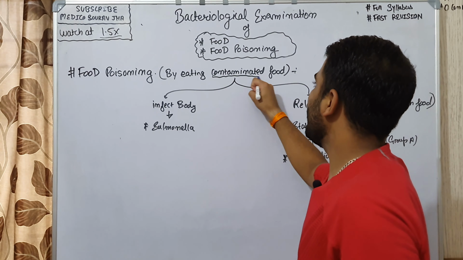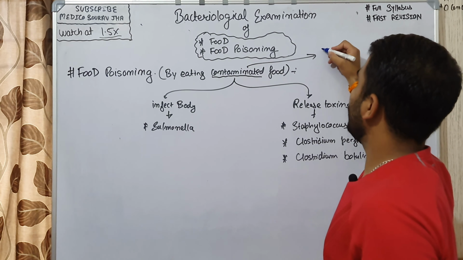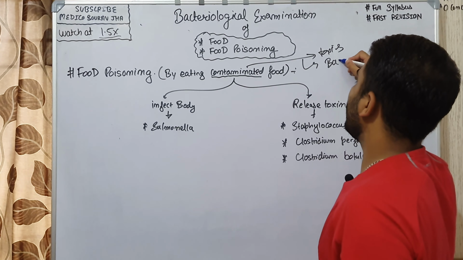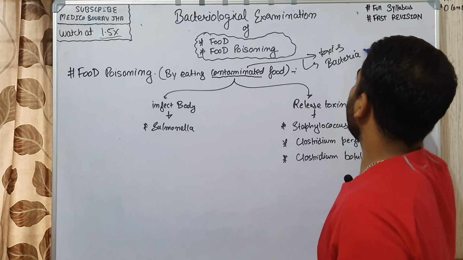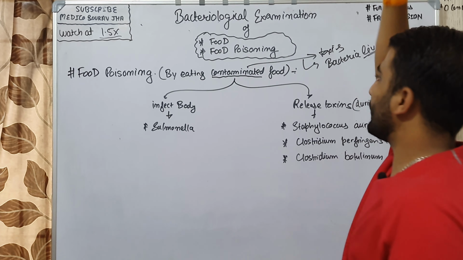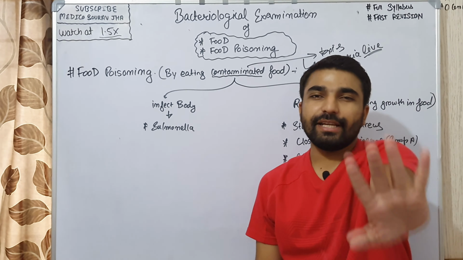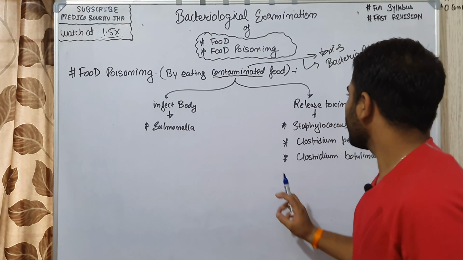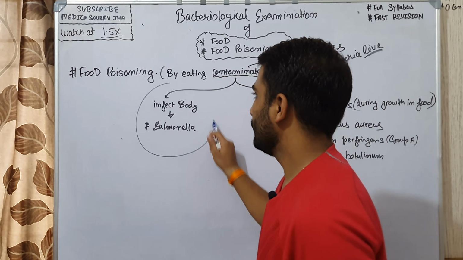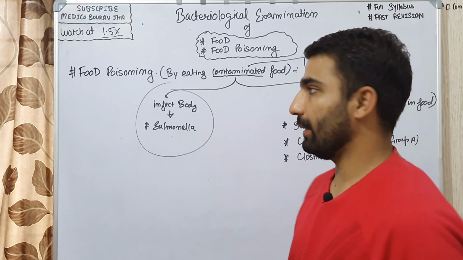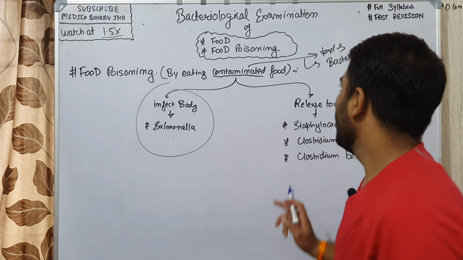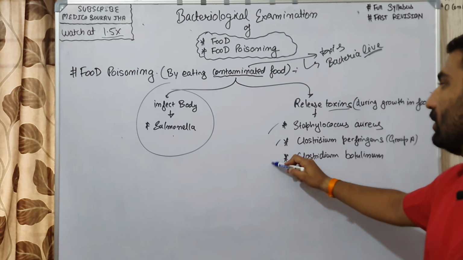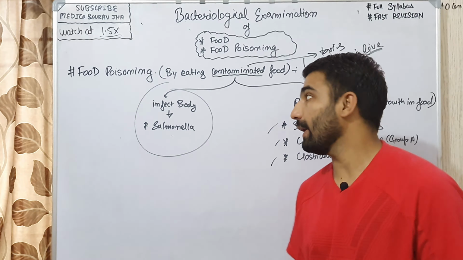Contaminated food means it may contain toxins, or it may contain live bacteria. If live bacteria are present in the food, then this kind of infection can happen, by Salmonella. If toxins are present in the food, then these can cause the infection.